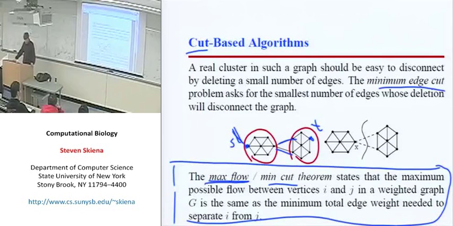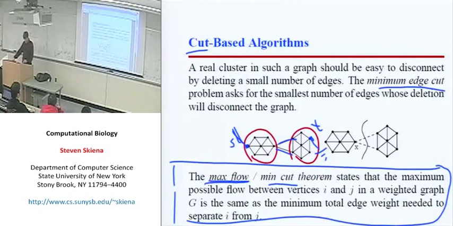If each one of these edges is interpreted as a pipe of a certain capacity, and I put a drain over here, there is a certain rate at which water will drain through this thing. Does that kind of make sense?